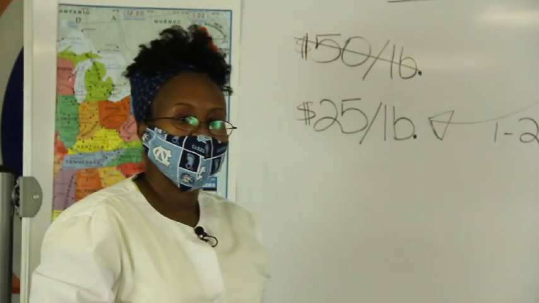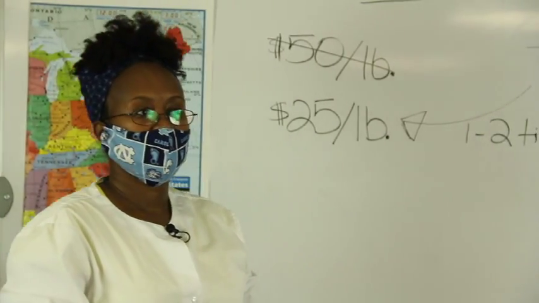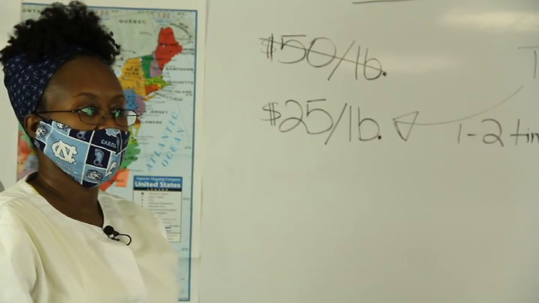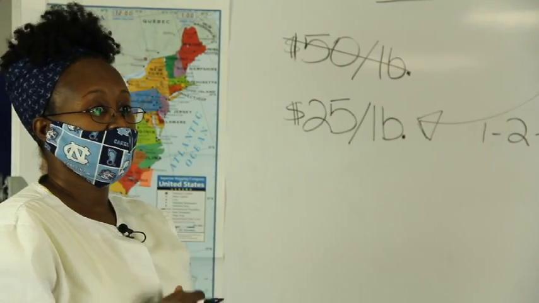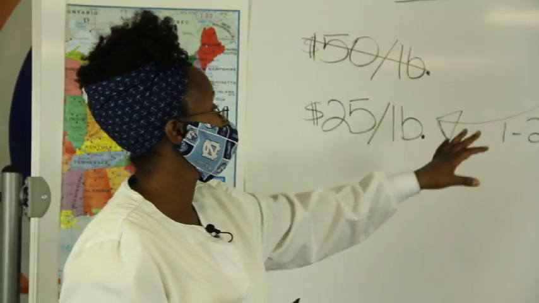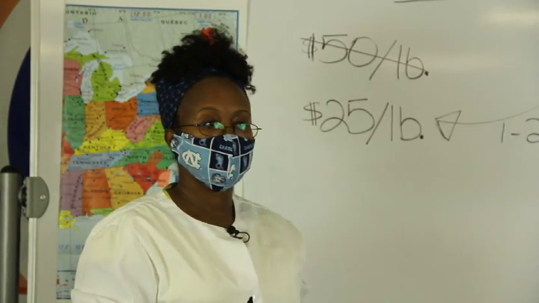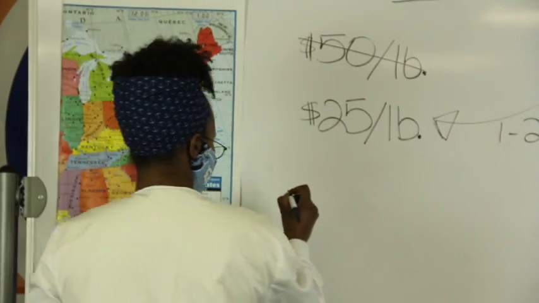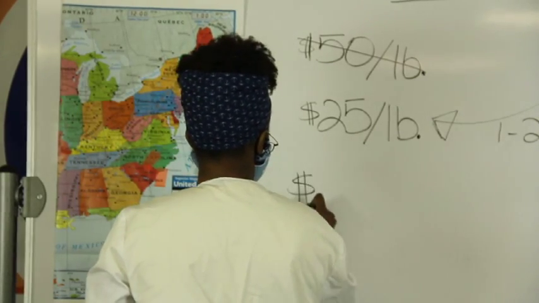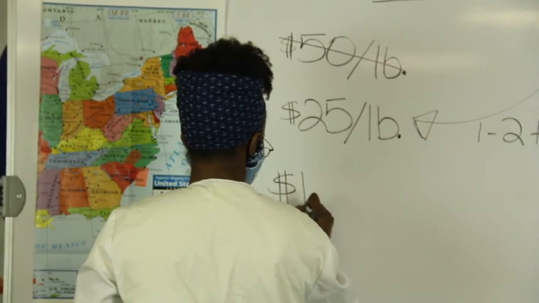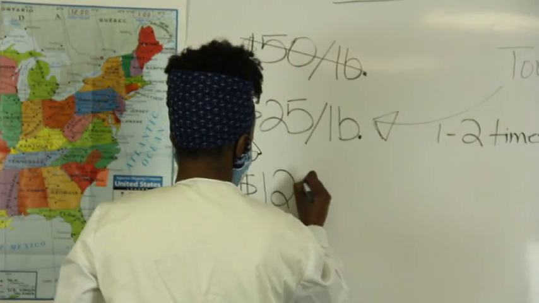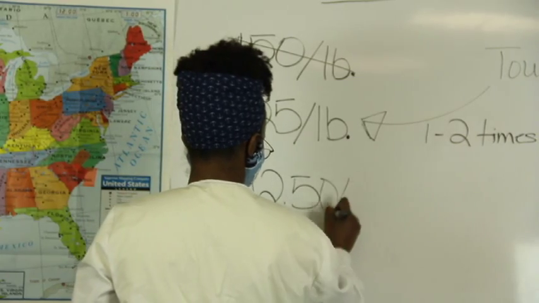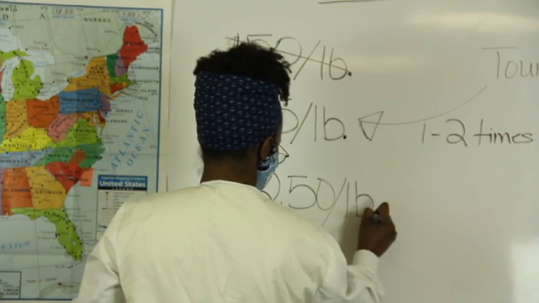But they're thinking, how can I get the locals to get in on this? We want them too. Plus, we didn't get many tourists, many of our visitors that got the seafood. So now they said, well, what if we lower the price to $12.50 per pound?